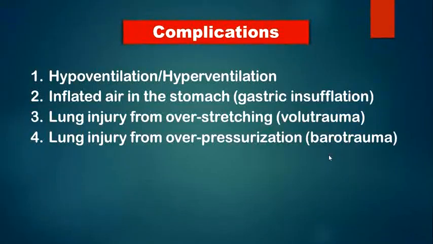So either volume trauma or barotrauma or both. This is especially seen in preterm babies because they have fragile airways that may rupture, and pneumothorax will be the result of barotrauma or volume trauma. Both of them could lead to injury mainly in the form of pneumothorax.